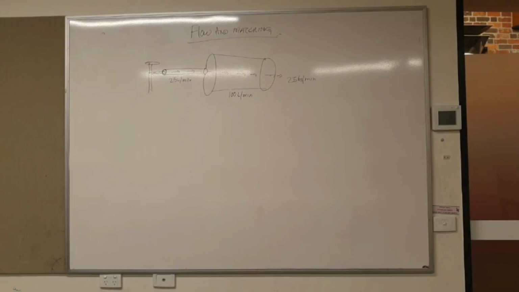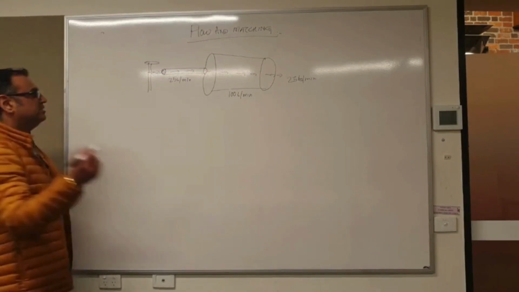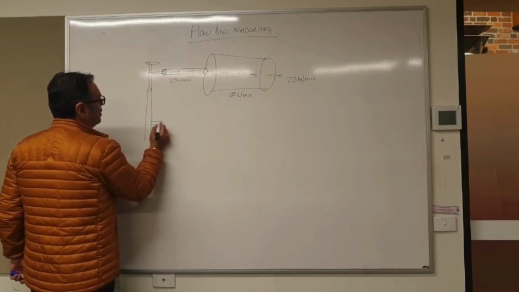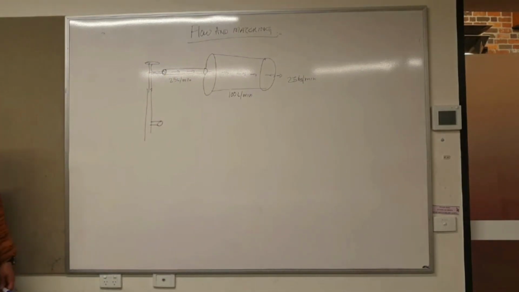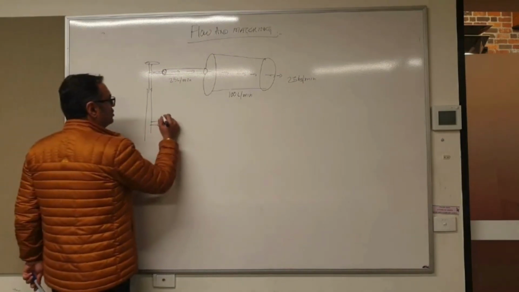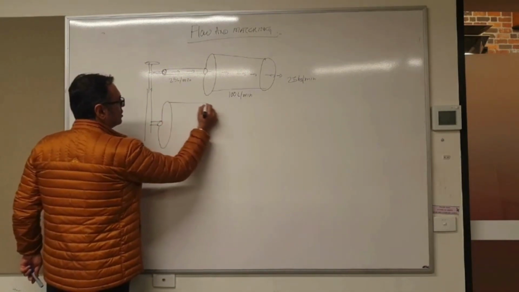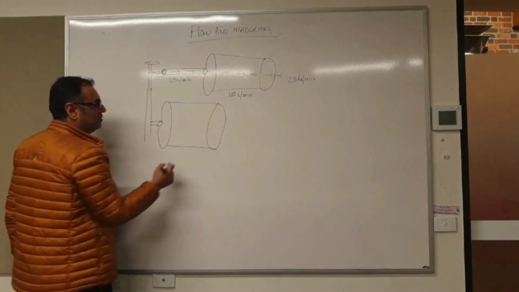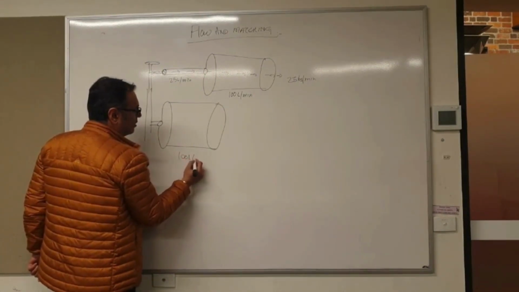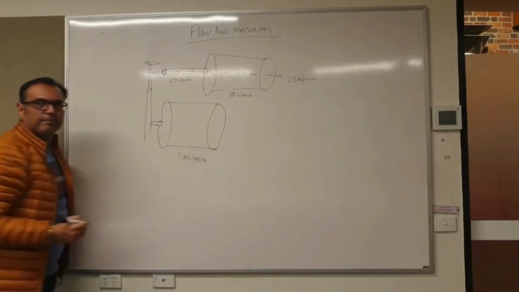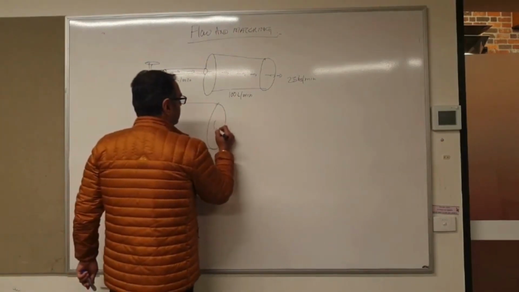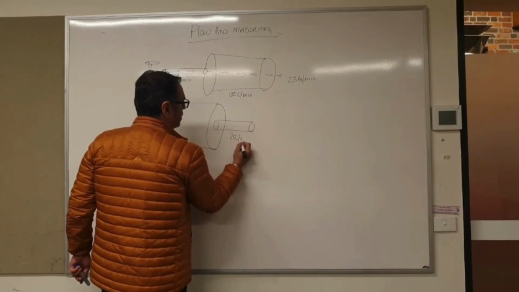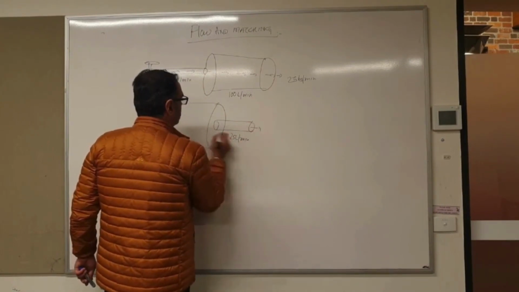Yep. Let's take another example. Same tap, let's say the same pipe is connected to another house which has a bigger hose, 100 liters per minute, but then a 25 liter per minute, and that's going out.